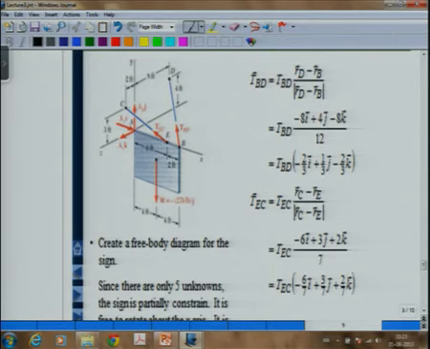That means, I have 2 unknowns, TEC and TBD, or I can call them T1 and T2, it is up to me. Then the other force is the weight which is acting at W. So, this is the complete free body diagram: Ax, Ay, Az, T1, T2 and the weight W. Now, of these, how many scalar unknowns do we have?